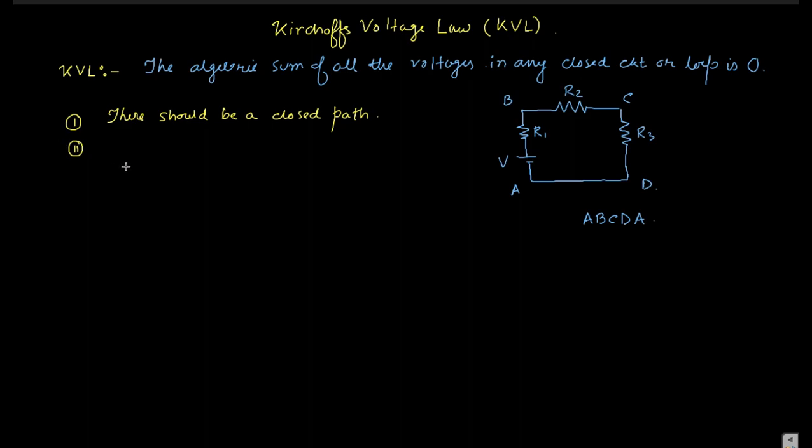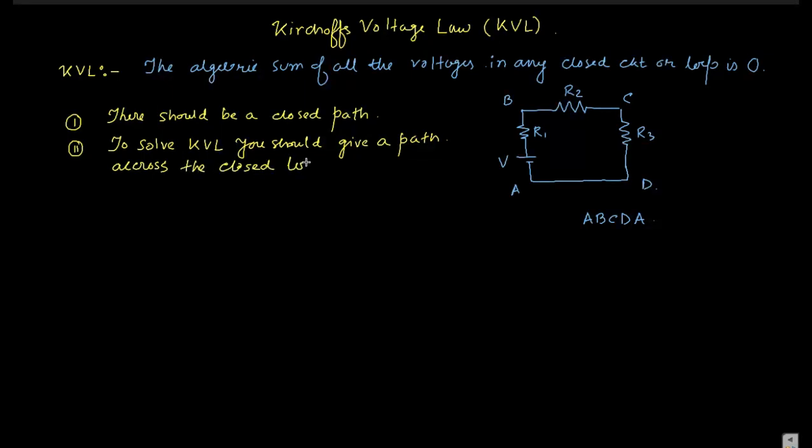Second, to solve KVL, you should choose a path across the closed loop.